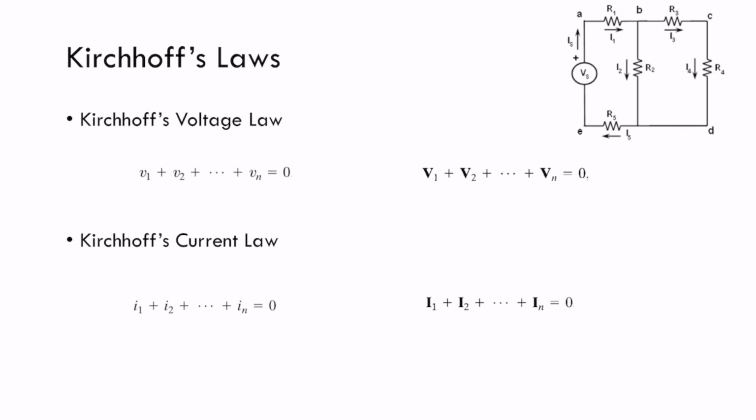The other Kirchhoff law is the Kirchhoff current law, and basically this is a balance equation. You just pick some node. For example, I will take this node, and I see incoming to this node the currents I4, I2, and I5.